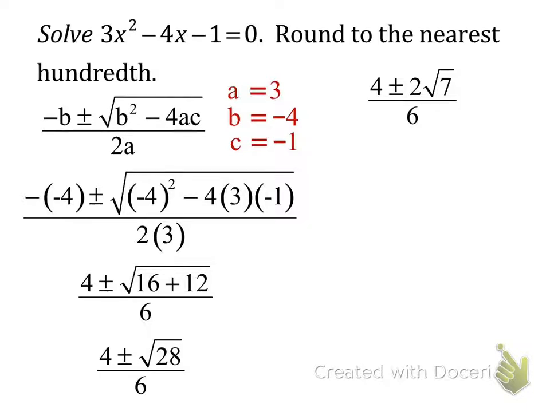So the square root of 7 is between 4 and 9. So I would say this is 2, it's about 2.6. So if I'm estimating that to be 2.6, oh, wait a second.